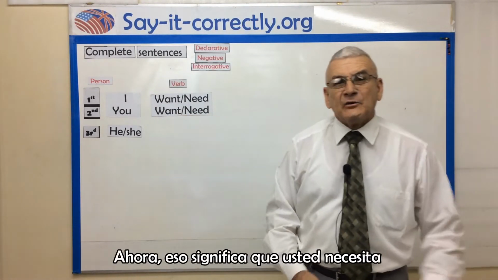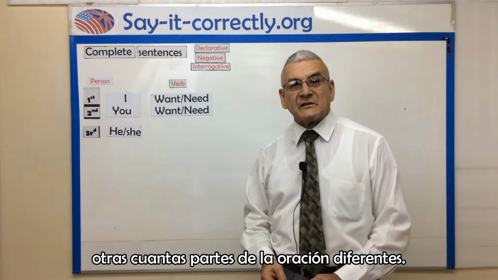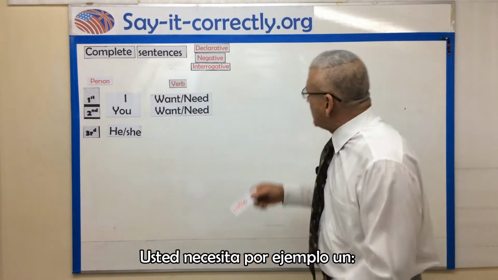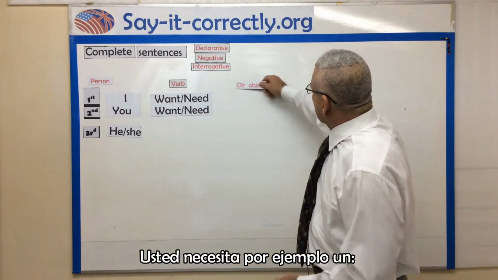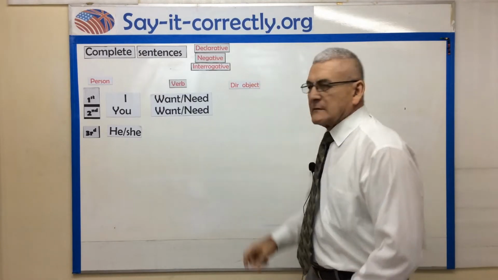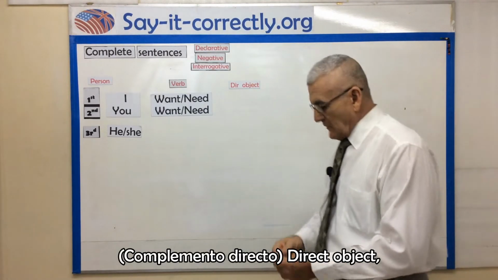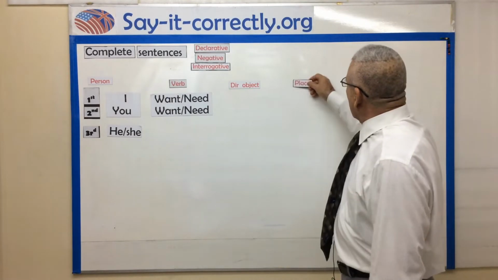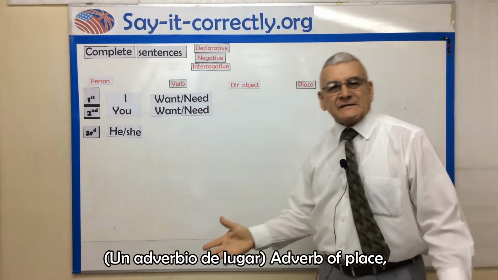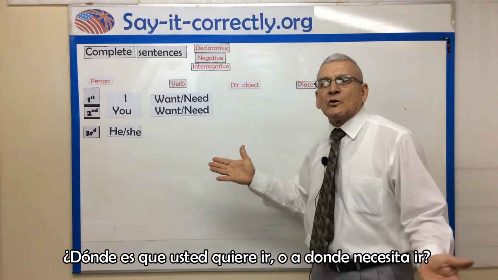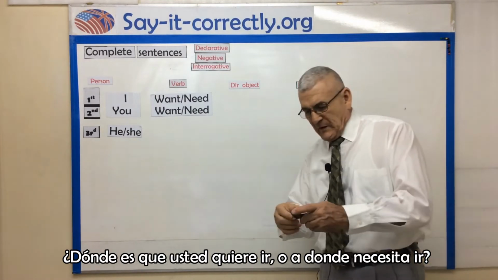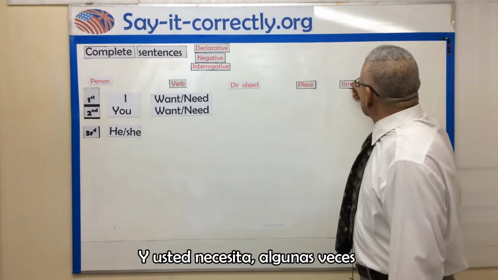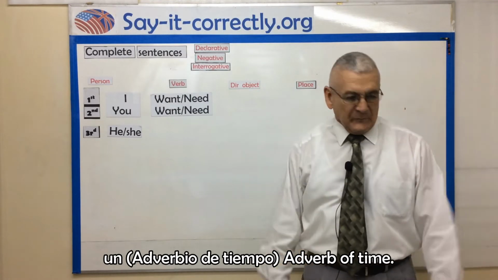Now, that means that you need several other parts in the sentence. You need, for example, a direct object. You need also an adverb of place. Where is it that you want to go or you need to go? And you need sometimes an adverb of time.